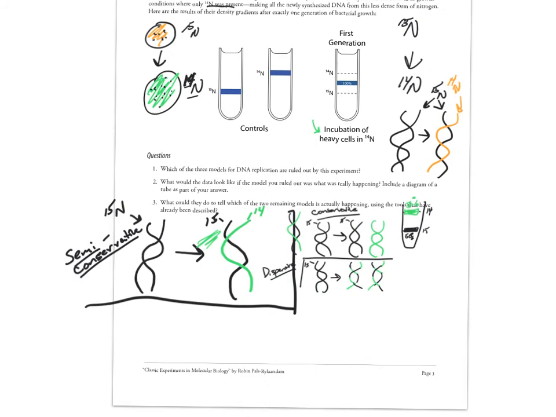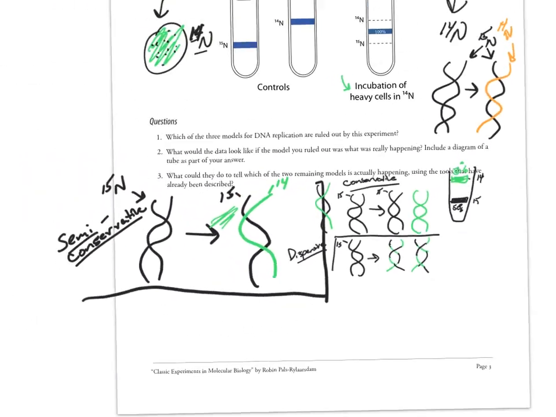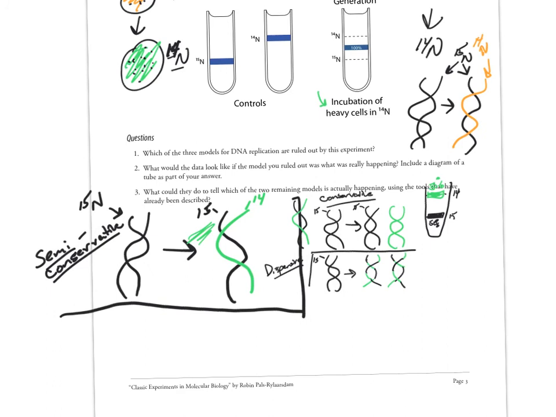So looking at the dispersive model, I know that if I had the semi-conservative model, what I would expect to see is a band in between 14 and 15, because one of the DNA molecules would have been made with nitrogen 15 from the original, because it was one of the original strands, and the other new one would be made out of nitrogen 14, and that is the new strand.